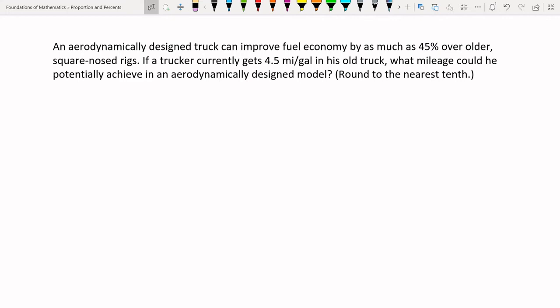Another way of thinking about base and part is original and new. Base would be the original, part would be the new. So we're going to think of it like this. So 4.5, this is going to be our base. That's the original amount, base or the original.